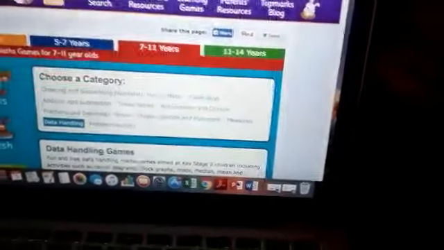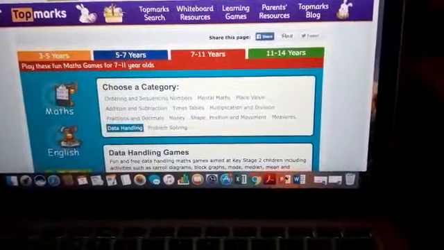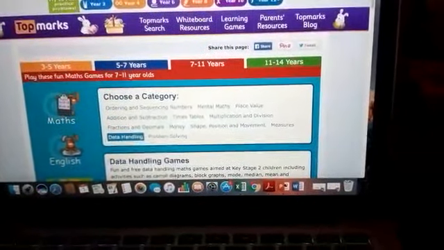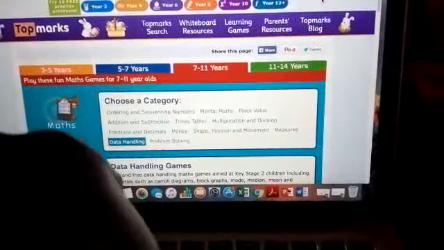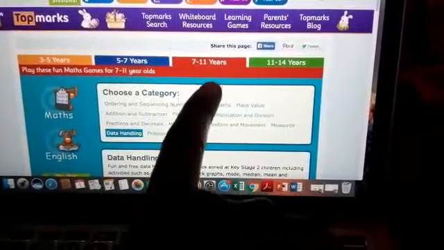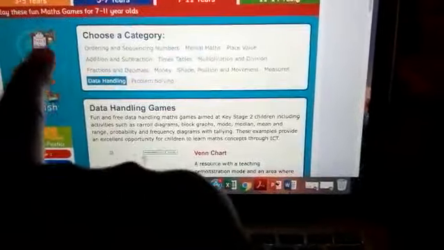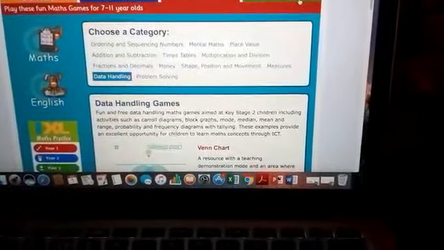And then I would like to show you this other website. Here we go. This is another one, Top Marks. We use this a lot in class and in school, so you're familiar with this website. It's very good because they cover everybody from early years to high school. You guys are between 7 and 11 years old, and data handling, statistics, is exactly what we're looking at this week.